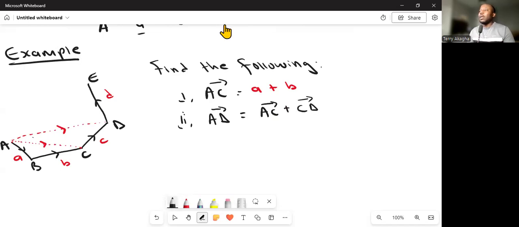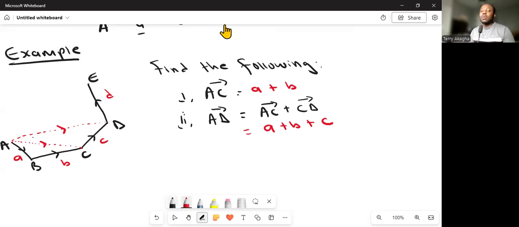And also we know AC is the same thing as saying what? A plus B, and CD is the same thing as saying C. So you can just go A plus B plus C. So any of them is going to give you exactly the same answer.